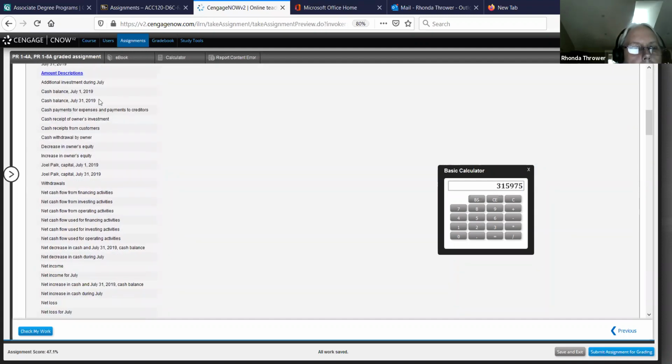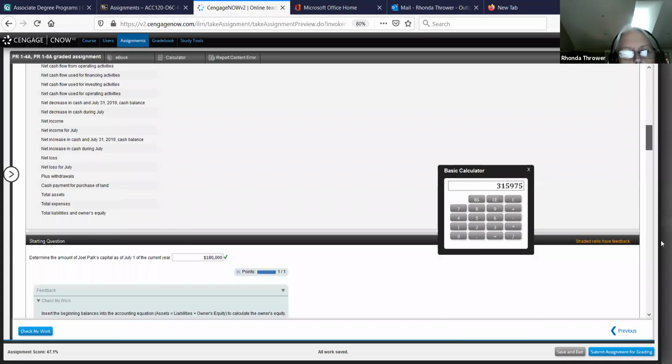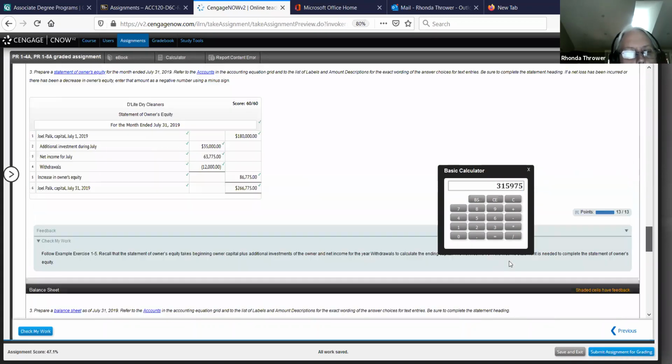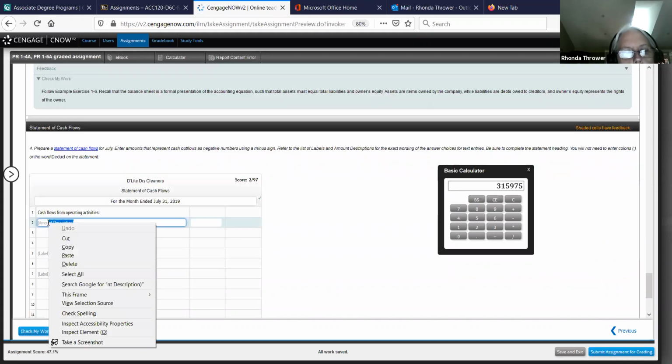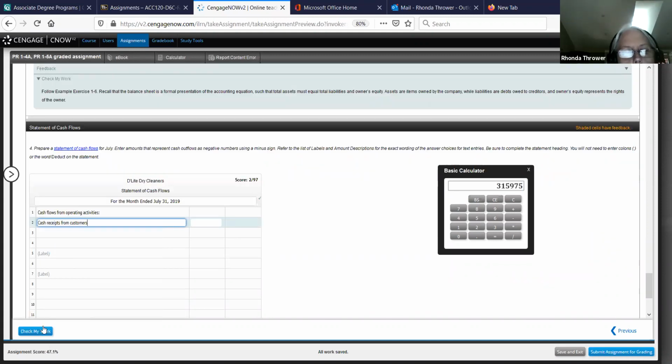So here's a list of my amount descriptions, and I'm going to look for probably cash receipts from customers. We'll copy that, and I'm going to paste it right here. And I'm going to check my work because we got to have it written just like it wants it. And you can see that it is looking for cash that you receive from your customers.